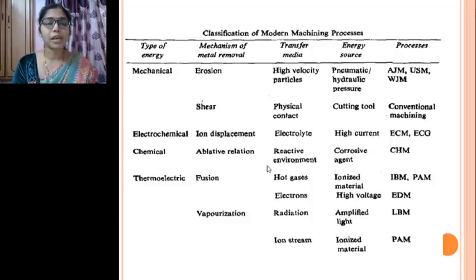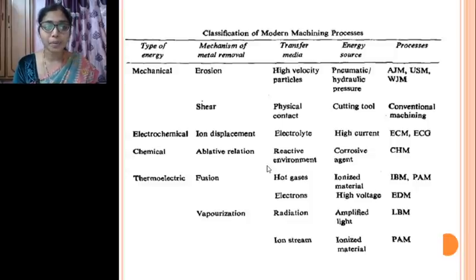The other difference between conventional and unconventional is the type of energy that we use. The type of energy used in conventional machining is mechanical material removal, where the tool is always in contact with the workpiece surface while the material is getting removed. So that is the mechanical way of material removal.